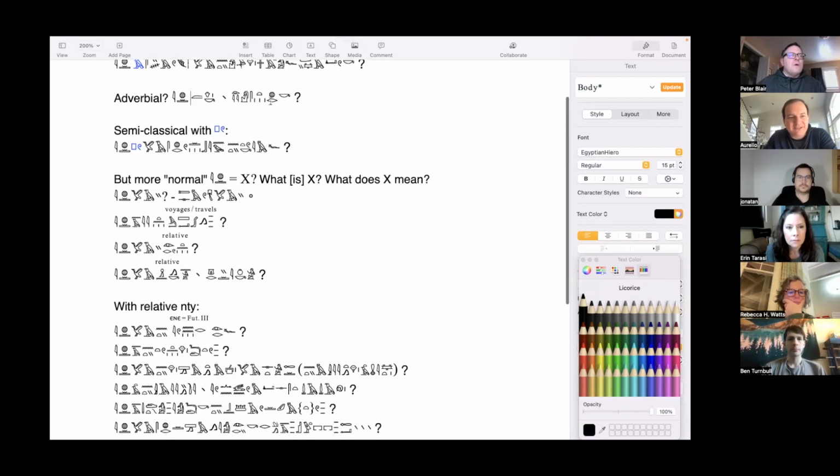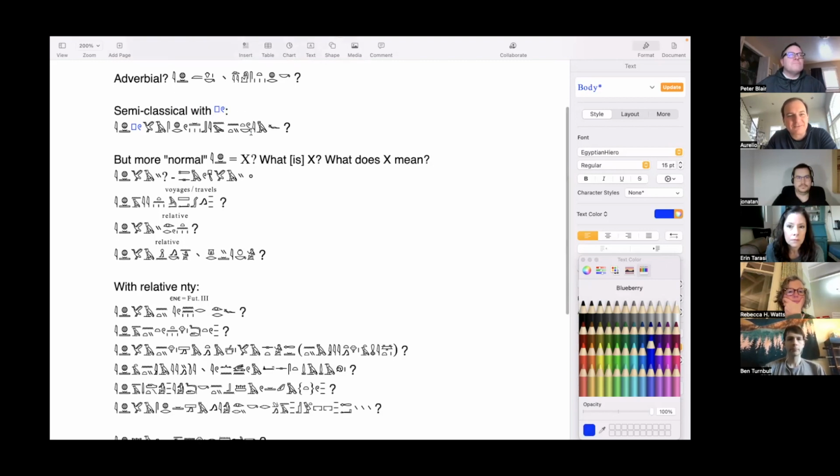The other way to look at this would be nominal. Remember that for nominal sentences in Middle Egyptian, in Late Egyptian, we don't use pu anymore. You need that in Middle Egyptian. So like a pu b or something, or a b pu, or however that works. I forgot. I get confused with Coptic.